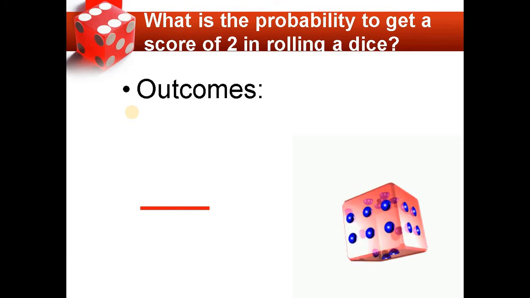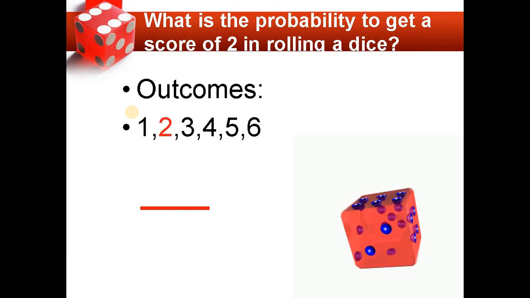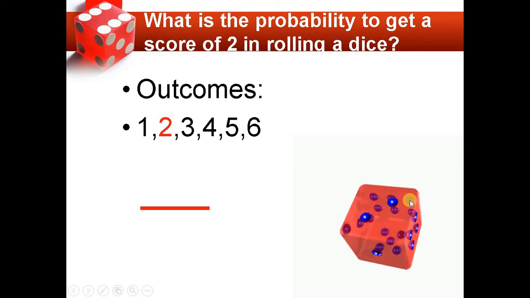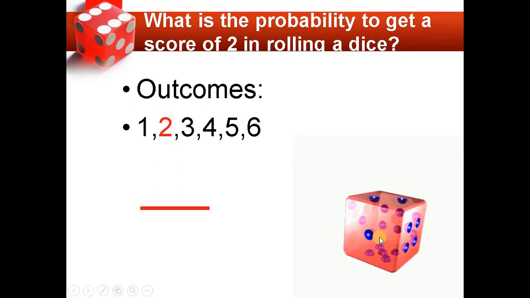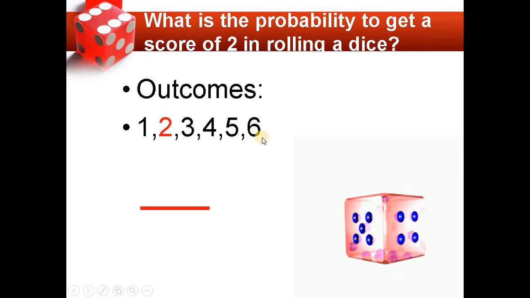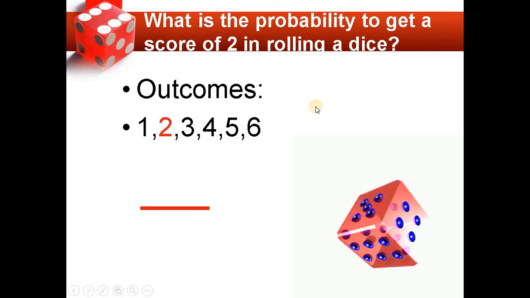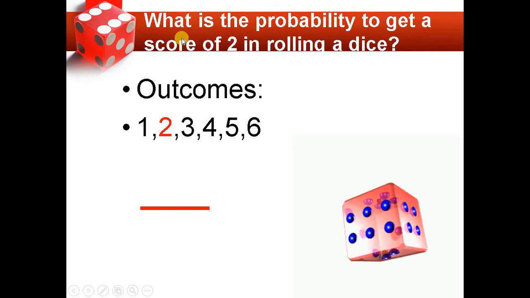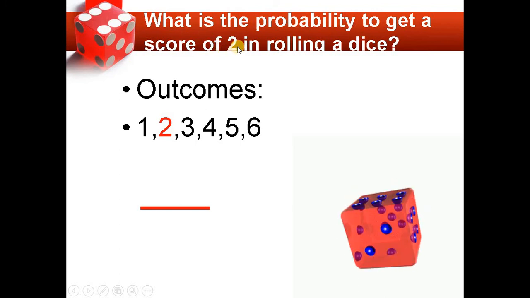There are 6 outcomes in the dice, meaning the scores: 1, 2, 3, 4, 5, 6. The question is to get a score of 2.